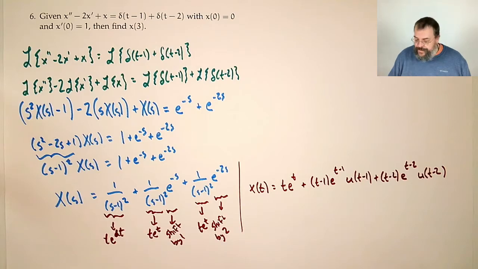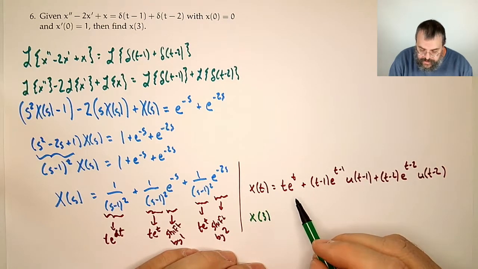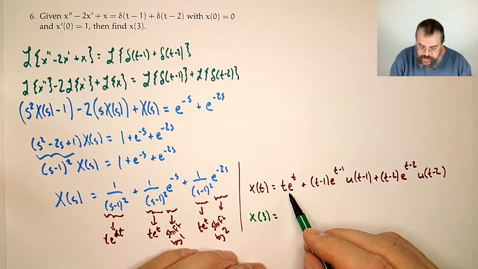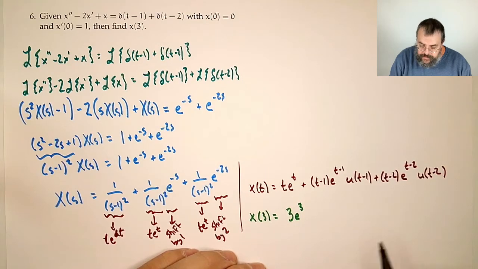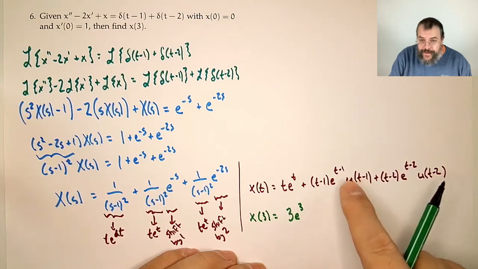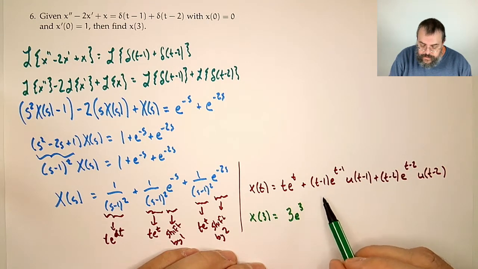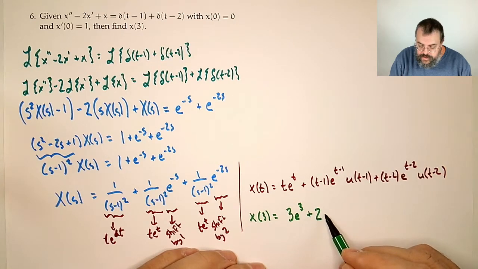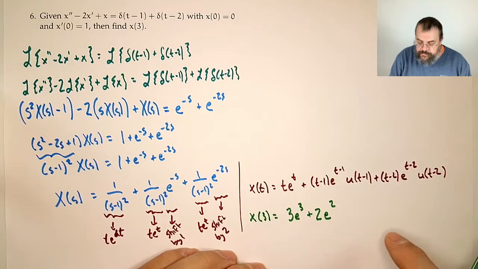Now, what are we after? Well, we want to know x of 3. So we can write it down. So we plug in 3. So we get 3 e to the 3. That's not too surprising. Now plug in 3 minus 1, we get 2, so that's on. So we need to plug in this part. Well, that would be 2 e to the 2, right? 3 minus 1, e to the 3 minus 1.